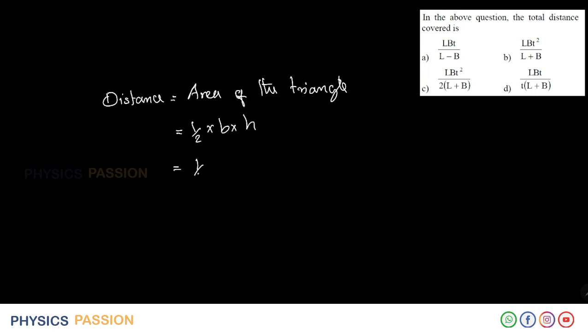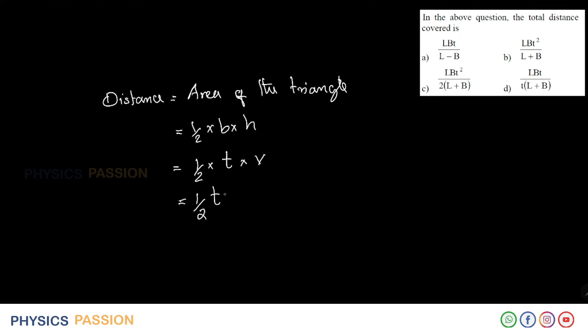So distance is equal to the area of the triangle. The formula for triangle area is half into base into height. From the diagram, base is the time and height is the velocity. So it is half t into velocity.